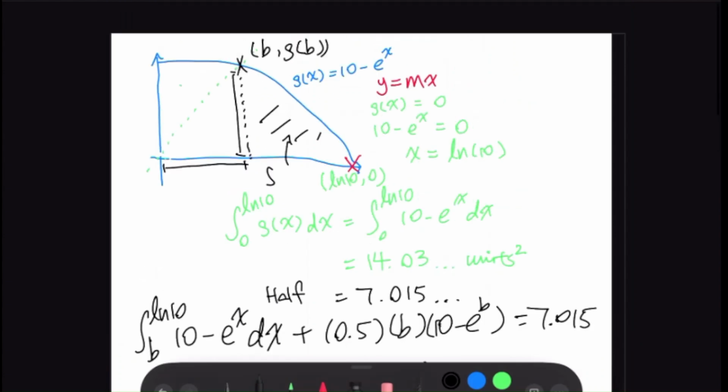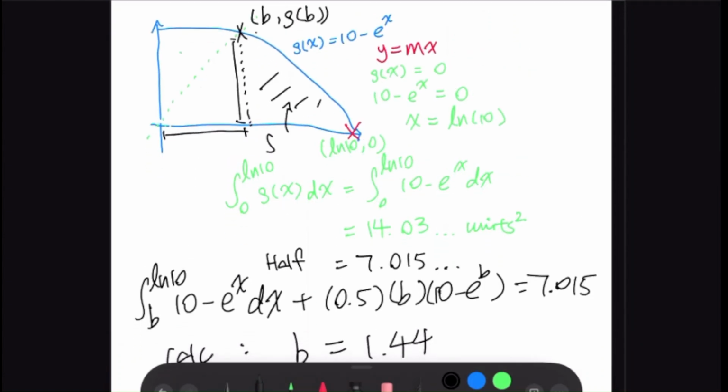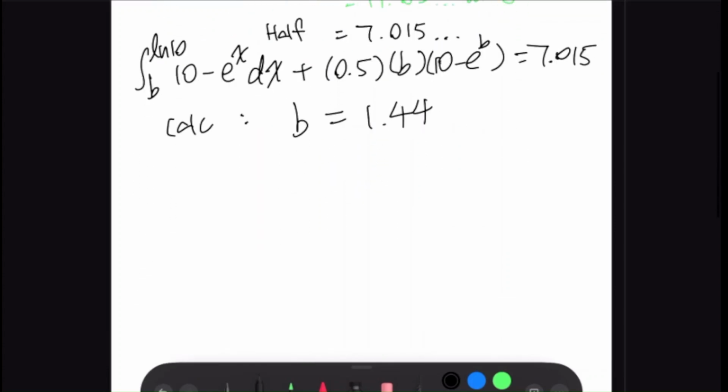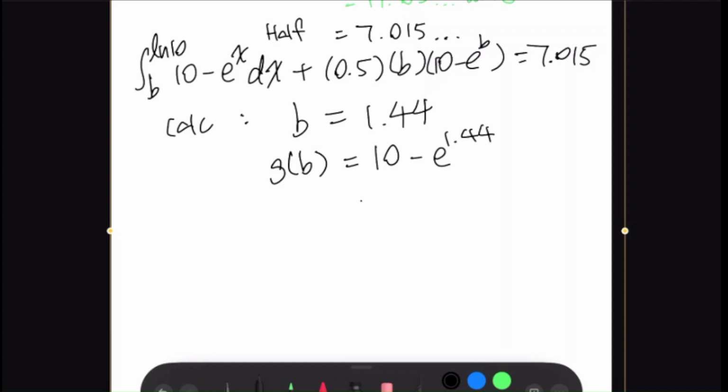So now we know that we need an m value such that it reaches that specific point. I think it should be pretty evident what to do next, because g of b would be equal to 10 minus e to the 1.44, which would be 10 minus shift e 1.44, which is 5.78.